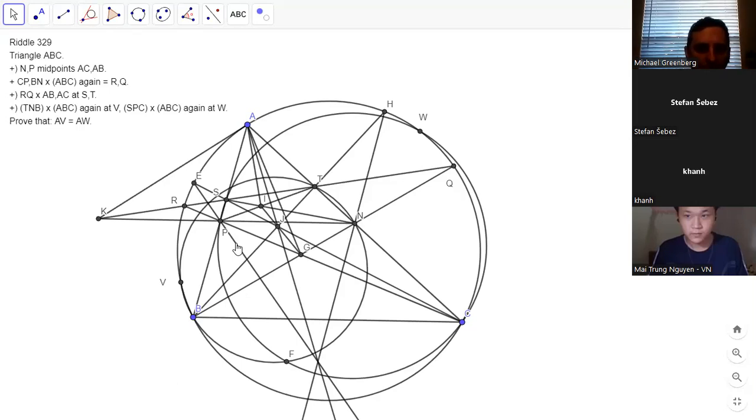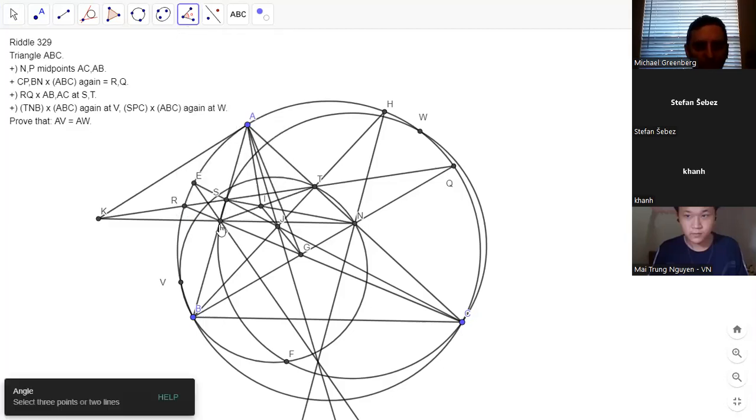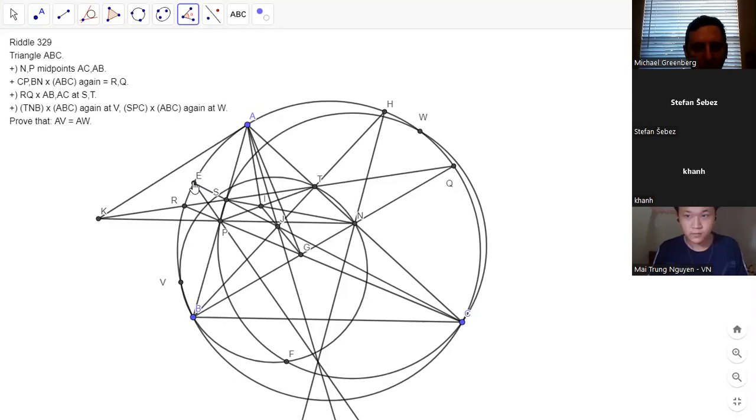Are PES and NHT similar? I would be kind of surprised, but it's not impossible. Yeah, okay, they're not similar. But we do have this angle.